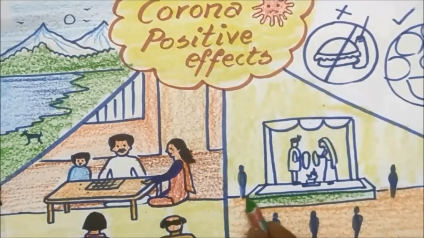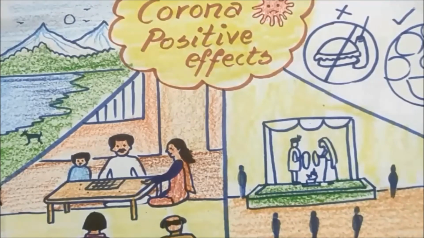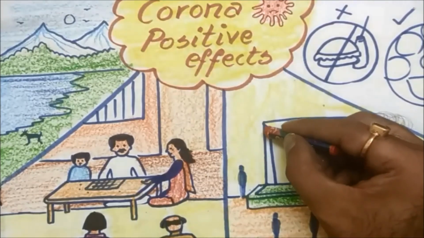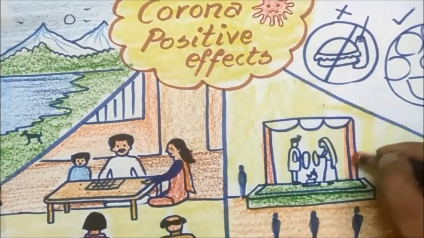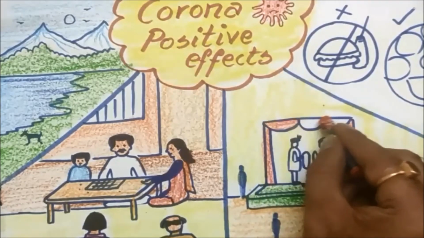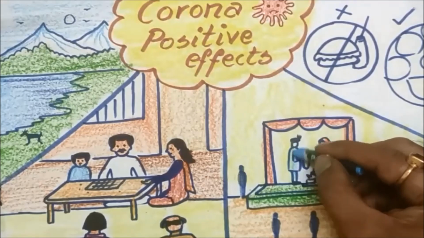Light green color at the downside. Red color for showing the decorations of the marriage. Sky blue color for the blazer of a boy.